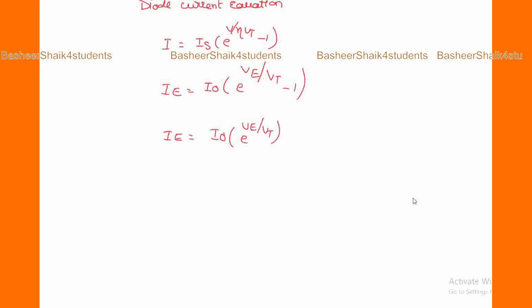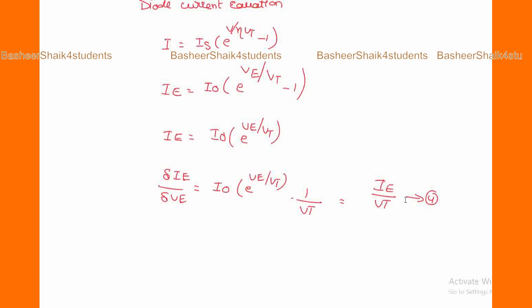Now differentiation on both the sides with respect to the VE: change in the IE with respect to change in the VE equal to I naught e power of VE by Vt into 1 by Vt. Now we further write this as, we know I naught e power of VE by Vt is IE, so IE by Vt.